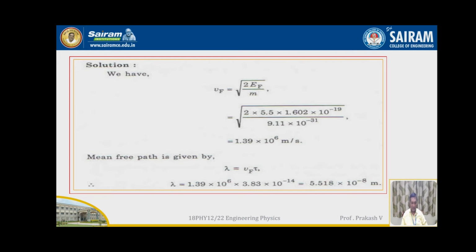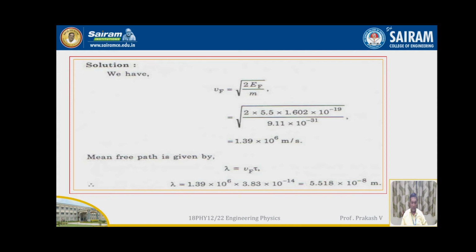After simplification, the value of Vf is equal to 1.39 into 10 to the power of 6 meter per second.